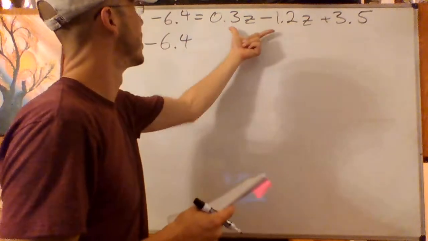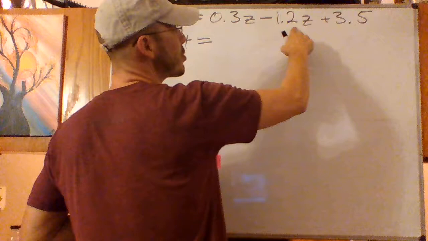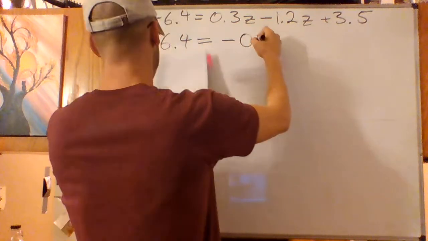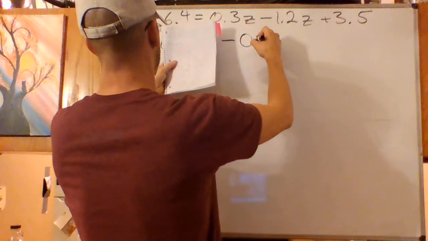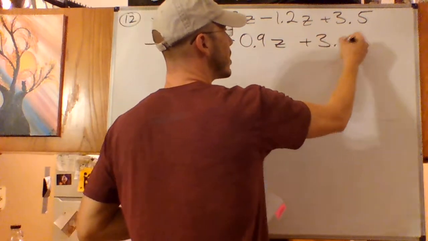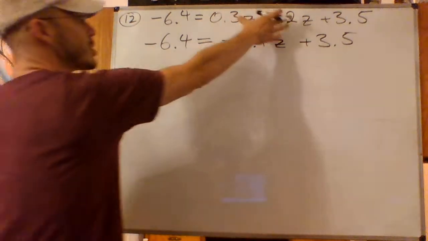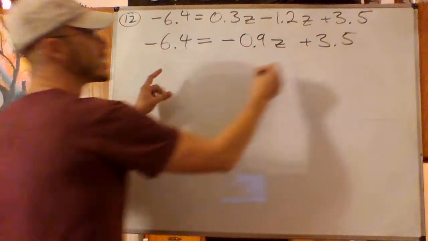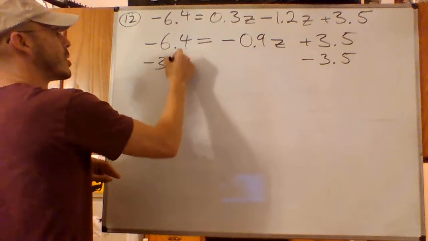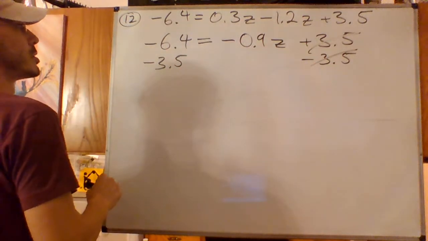It's just that 0.3z minus 1.2z is negative 0.9z. So I just combine those 2 like terms. Now I'm going to subtract 3.5 to get rid of that part of the side with the variable.